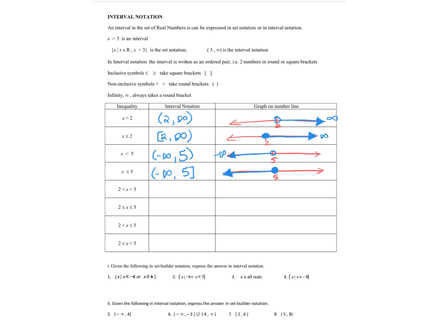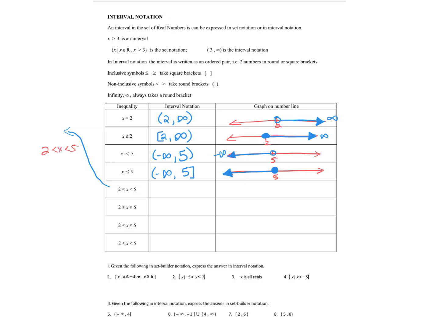For the first one of these next 5, I'm going to refresh your memory on how we would have done this in Algebra 1. So we would have written 2 is less than x, and x is less than 5.